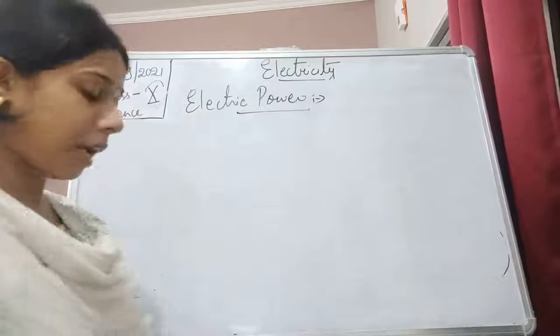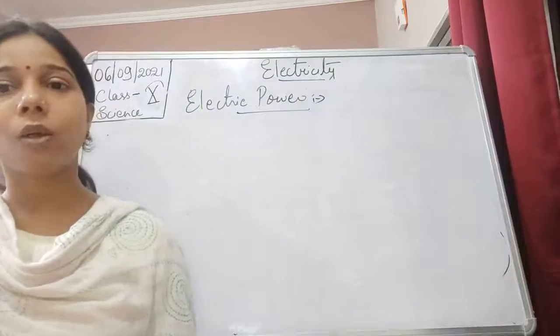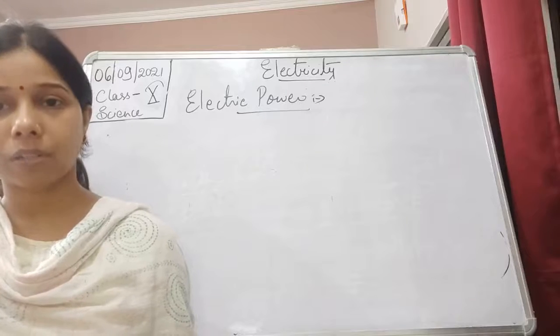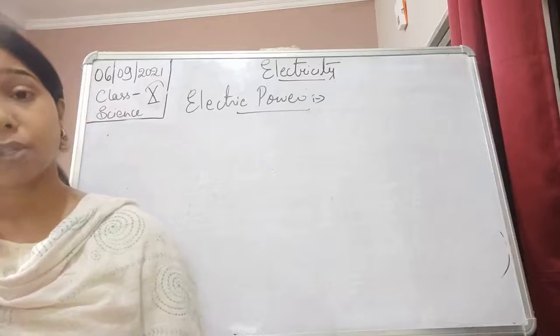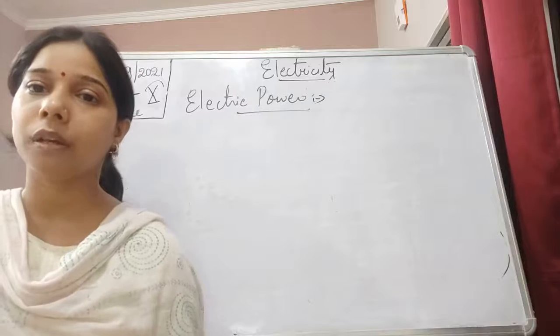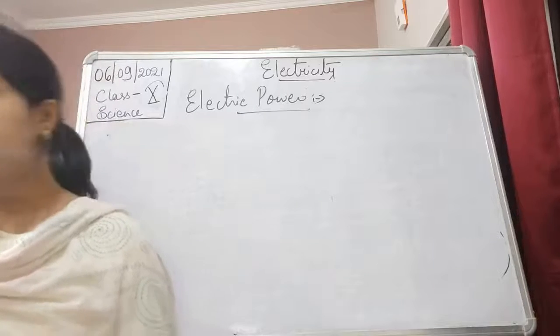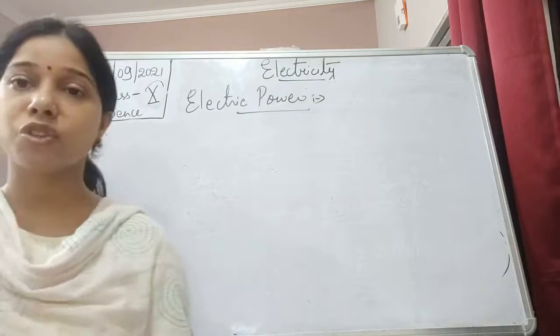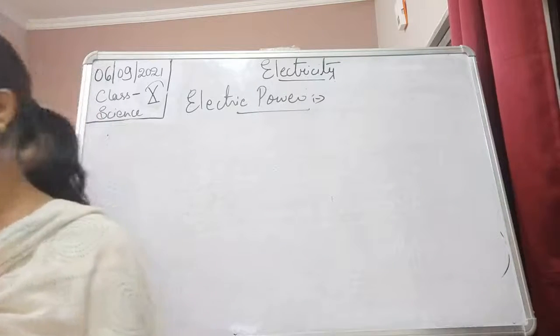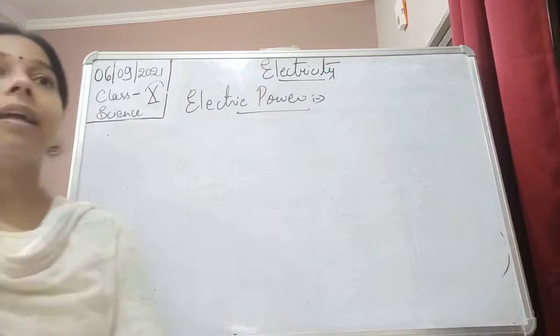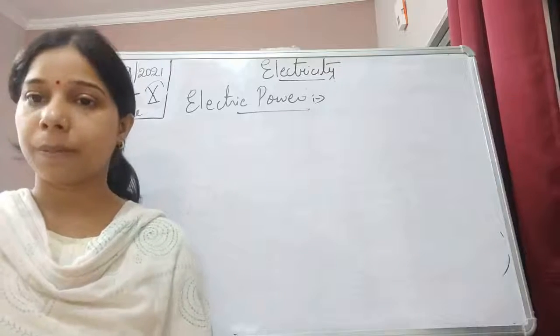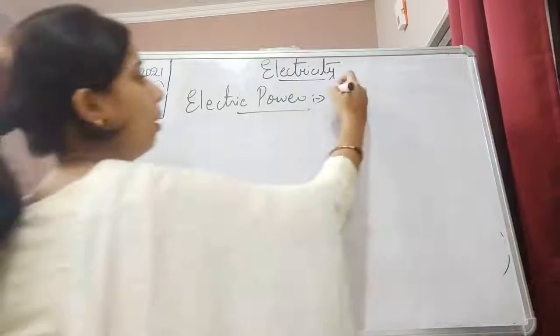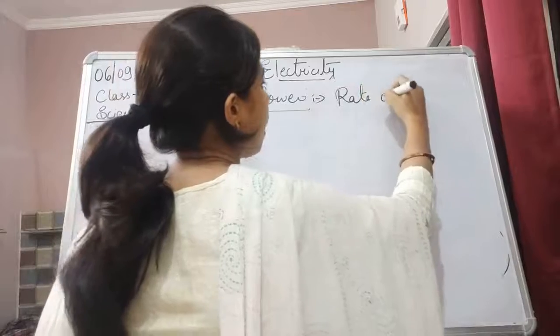You will say that it is the work done by an object in a particular amount of time, at a particular rate, or the rate of doing work is defined as power. Here, if we talk about electric power, it means the rate at which electrical energy is consumed in an electric circuit. Okay?